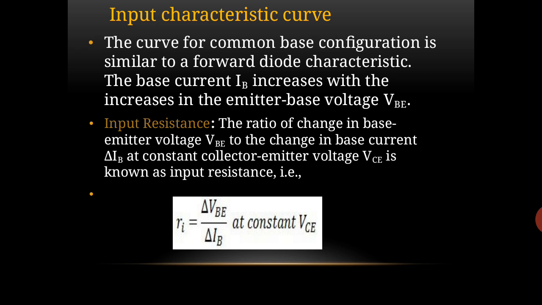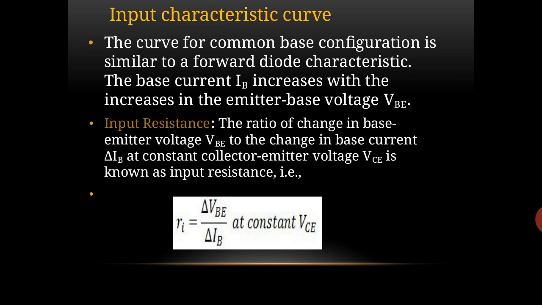The curve for the common emitter configuration is similar to the forward diode characteristic. The base current IB increases with the increase in the base emitter voltage VBE. Obviously, it looks like the forward biased PN junction diode characteristic.